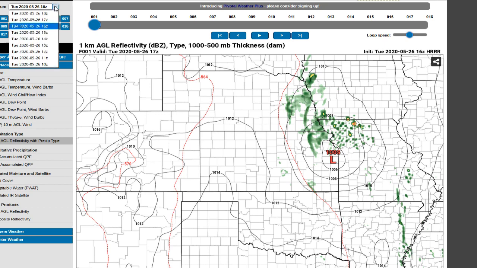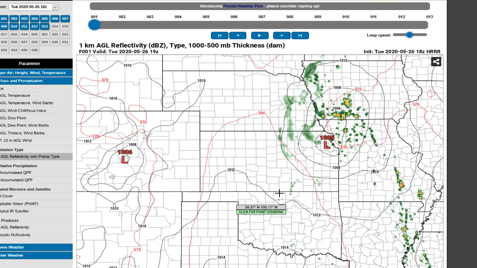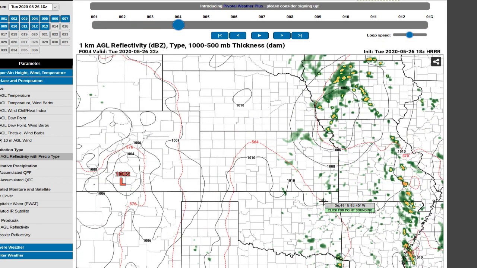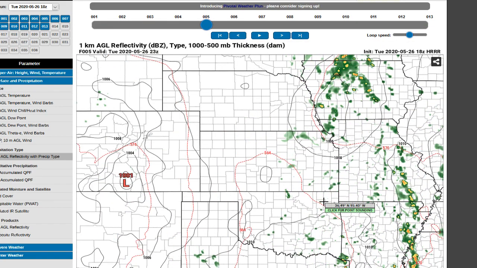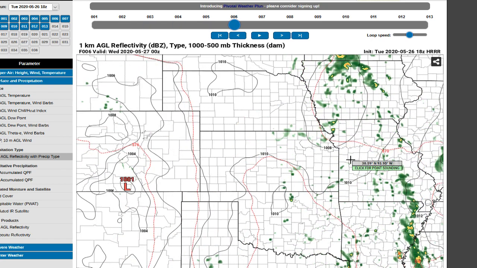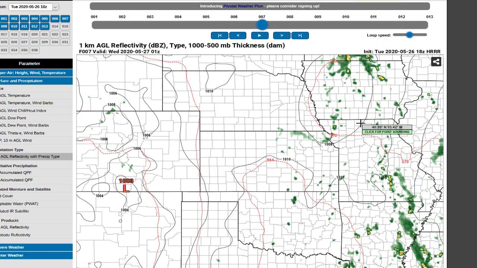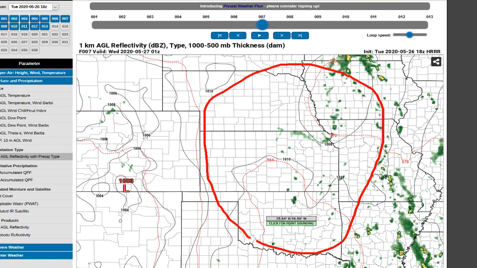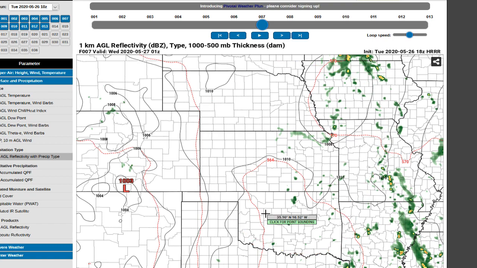So what's going to happen today? Let's take the model up to 18Z and just get an idea what's going to happen. Looks like numerous cells. Looks like the cells just kind of propagate to the north there, and things start to clear out in Iowa by this evening. And the Great Plains looks pretty quiet.